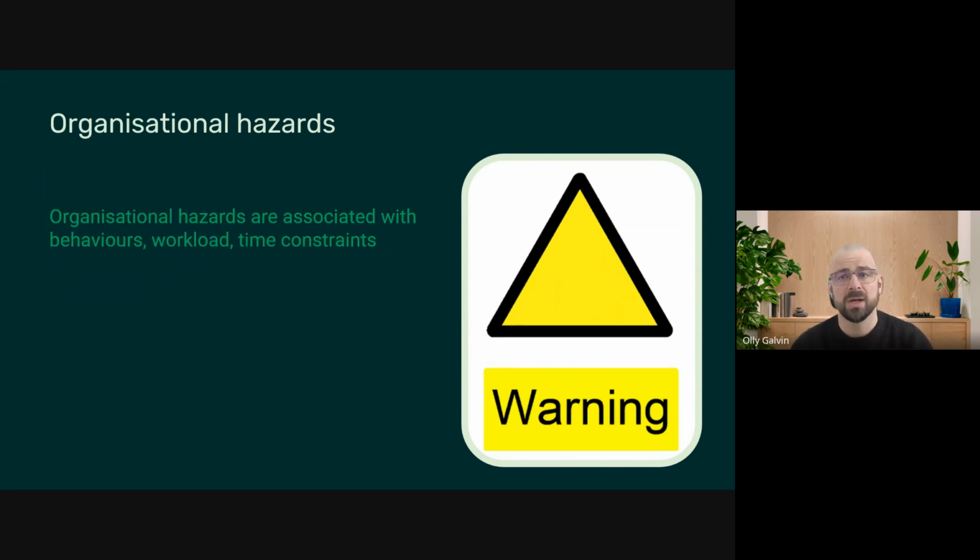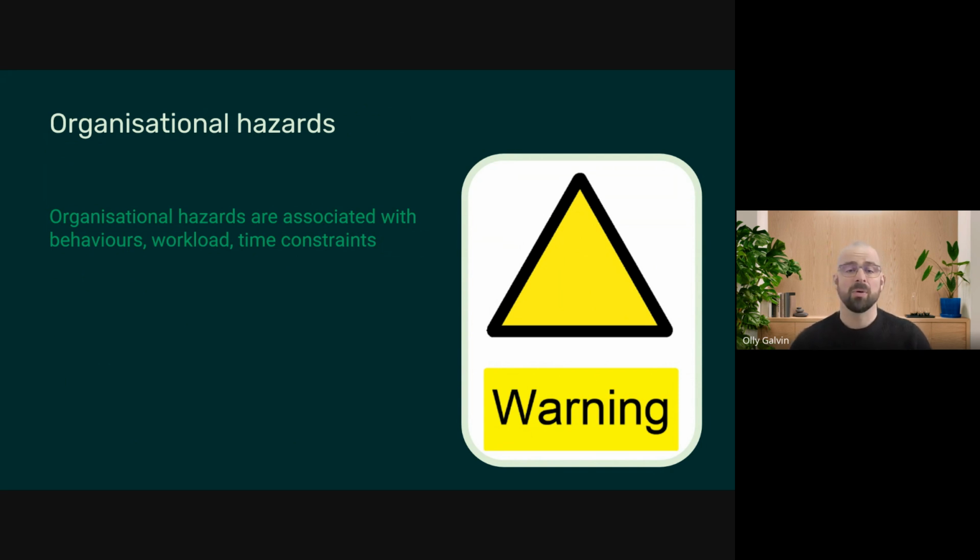So the sixth hazard category is organisational hazards. Organisational hazards are associated with behaviours, workload, and time constraints. They're how the organisation is managed or how the organisation operates. Organisational hazards, if they're not managed, can lead to high levels of occupational stress, which we know has adverse effects on our health, whether that's physical or mental.